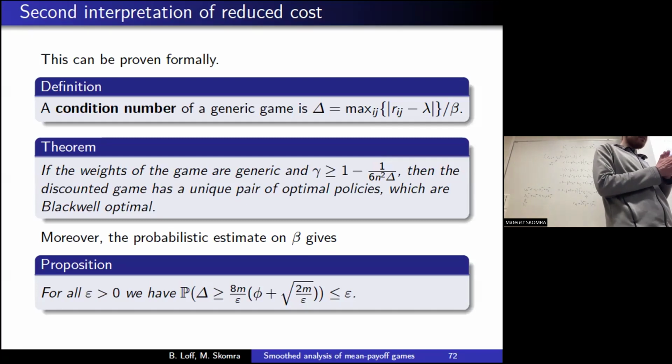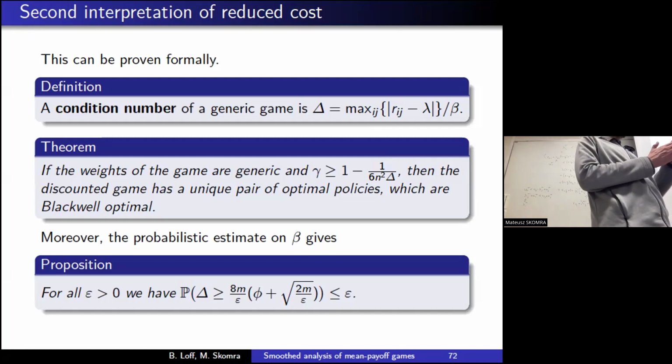We said yesterday that this Blackwell threshold is a discount factor above which every optimal policy becomes Blackwell optimal. So now we have uniqueness of the Blackwell optimal policies, right? Above the Blackwell threshold, these policies are optimal. But now, how big is the Blackwell threshold?